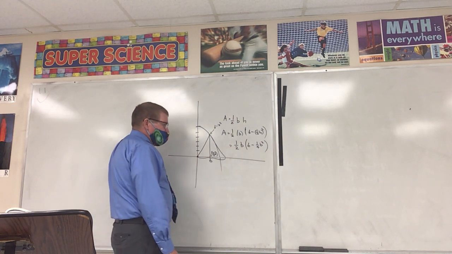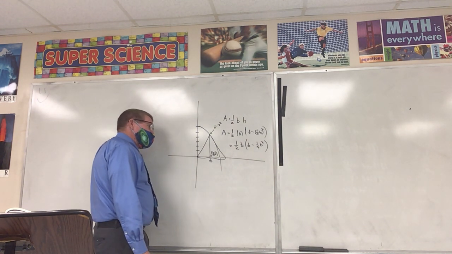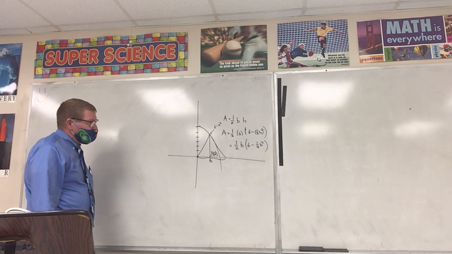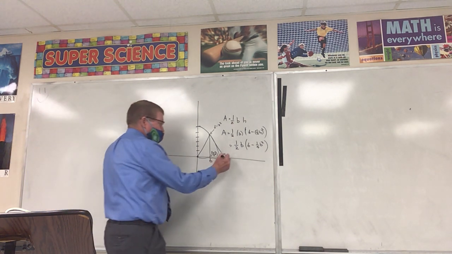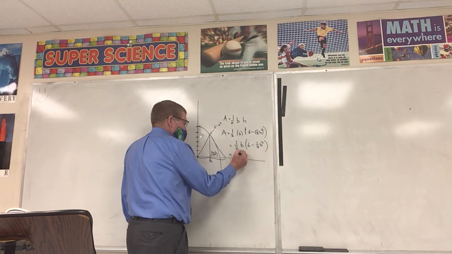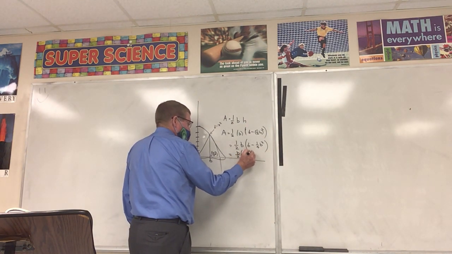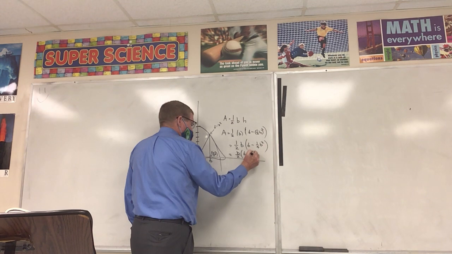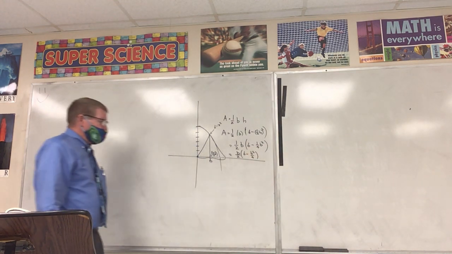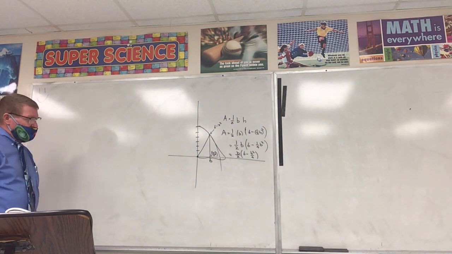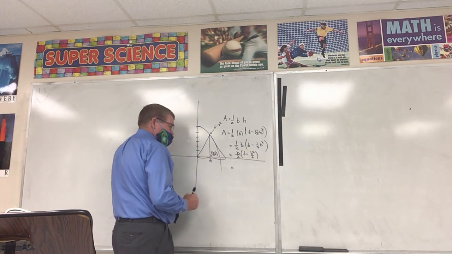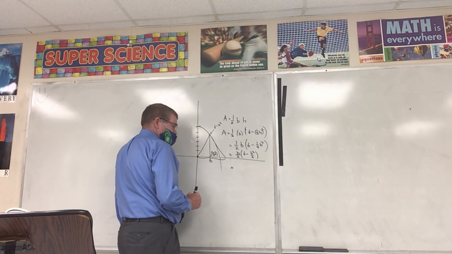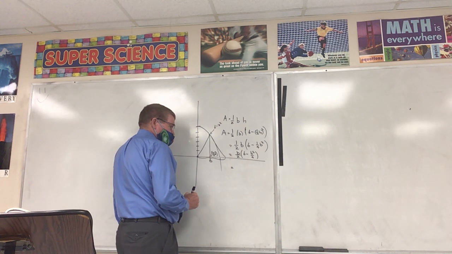You multiply the 1/2 into the 6 to get 3b and 1/8 b cubed. b over 2 times 6 minus b squared over 4. Simplify that, get a common denominator, which is 2.